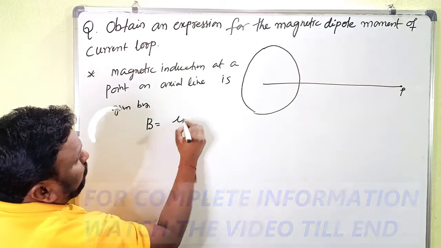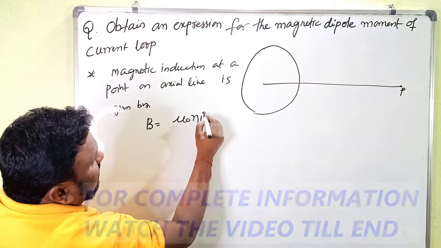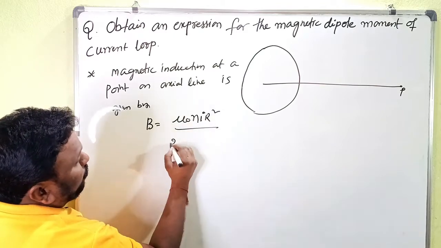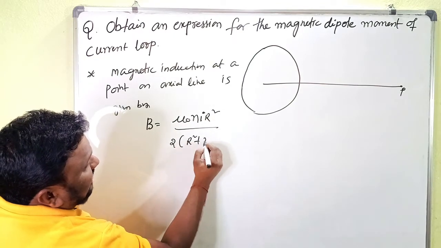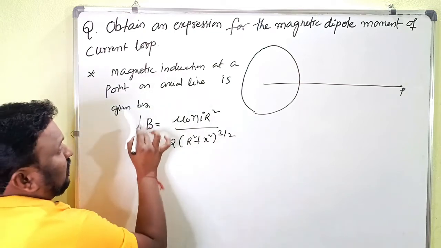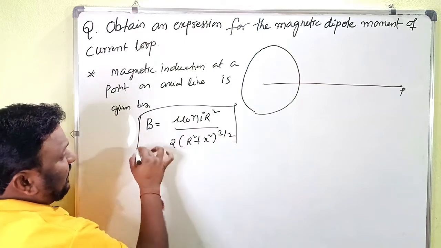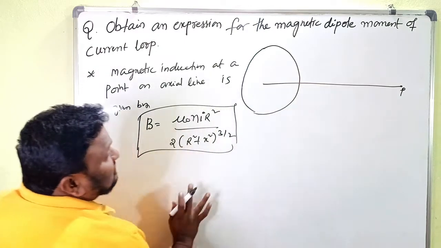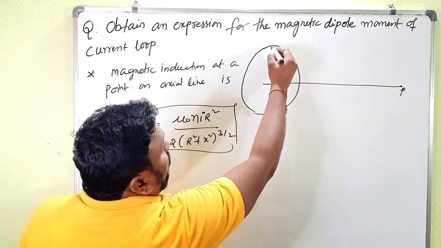B is equals to mu naught n I r square by 2 of r square plus x square whole to the power 3 by 2. So this is the expression for magnetic induction at a point P on the axial line of a circular coil.